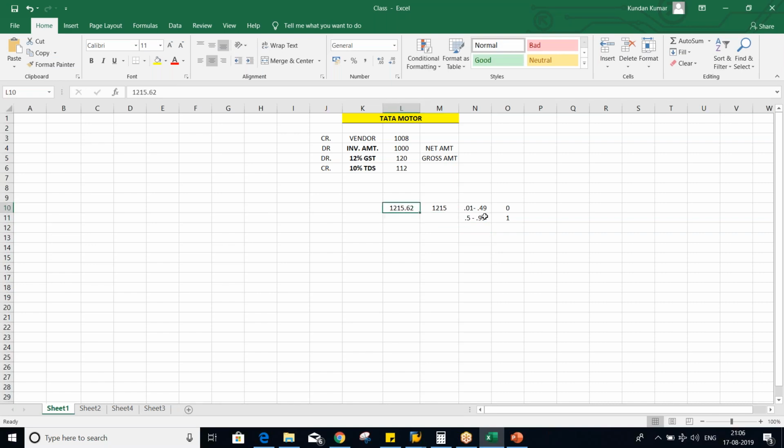Now 62 means it is falling under this category, right? 0.5 in the sense you can assume 0.50 I'm talking about, right? So 62.60 is falling under this one. So this much is going to be counted as a 1. So 1 plus 115 rupees plus 1, it is going to be 1216 rupees, right?